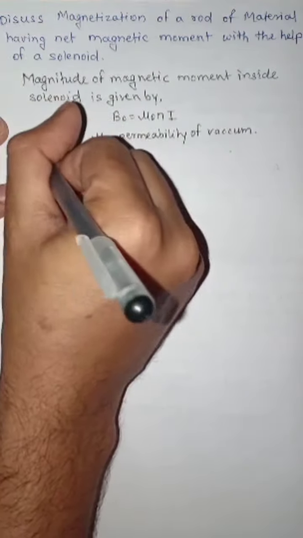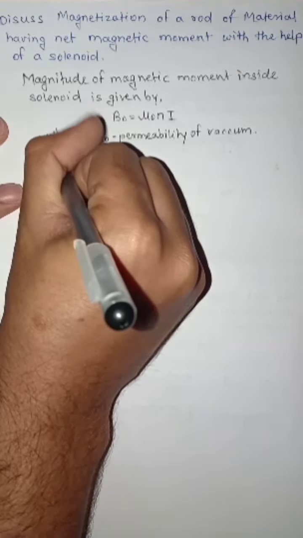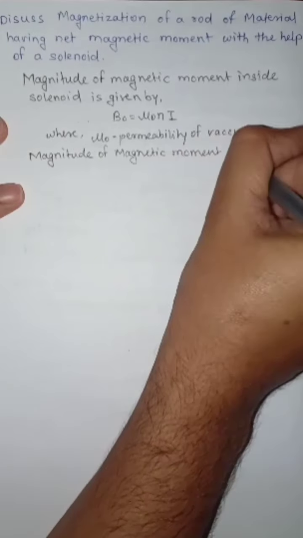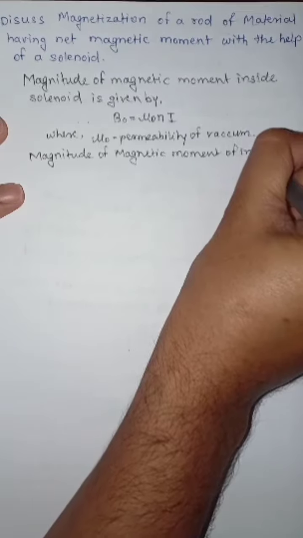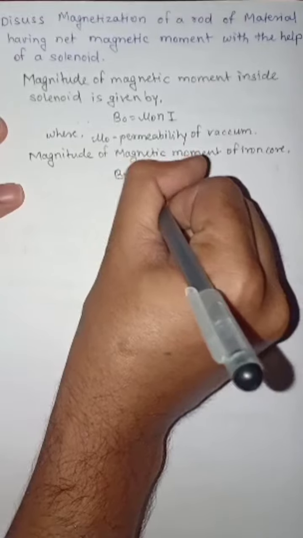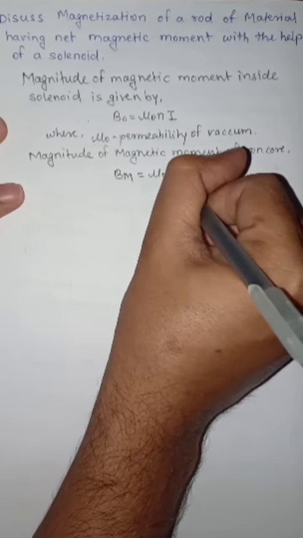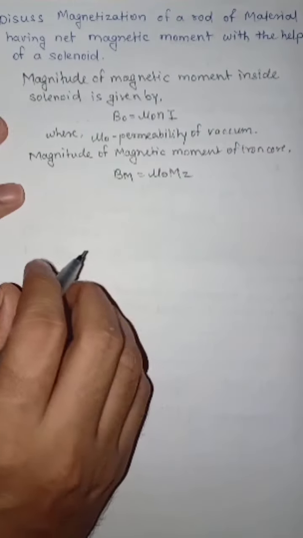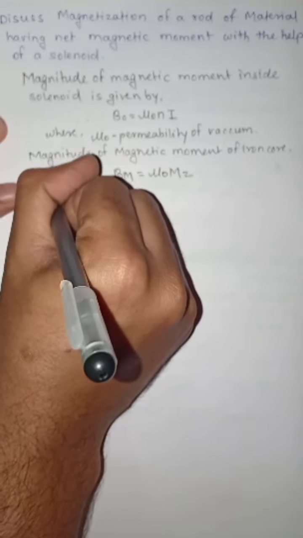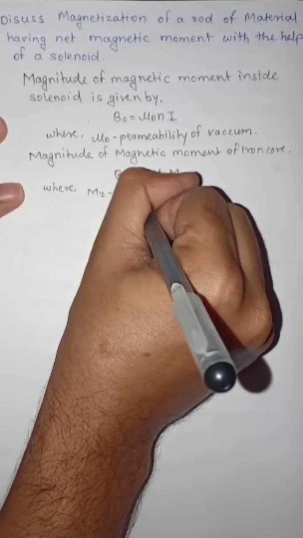Now the magnitude of magnetic moment of iron core is given by Bm is equal to mu0 into Mz, where Mz is called magnetization of material.